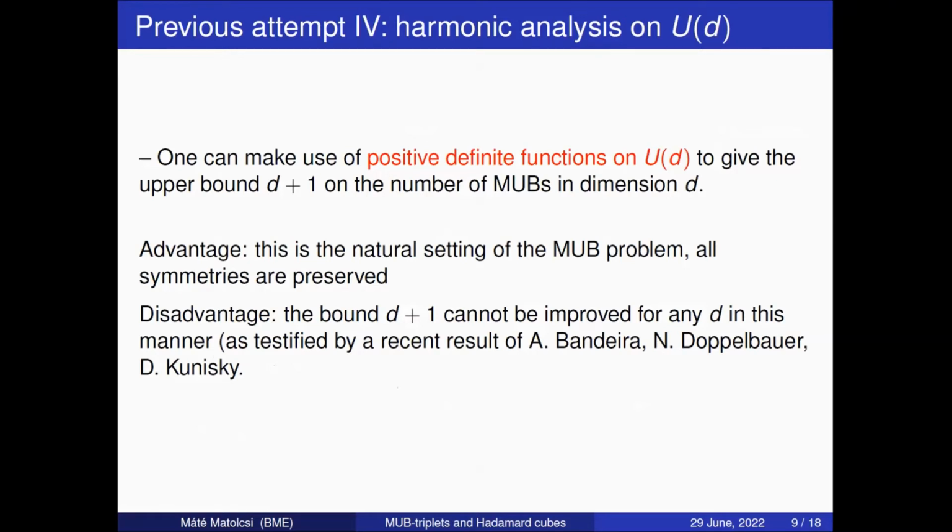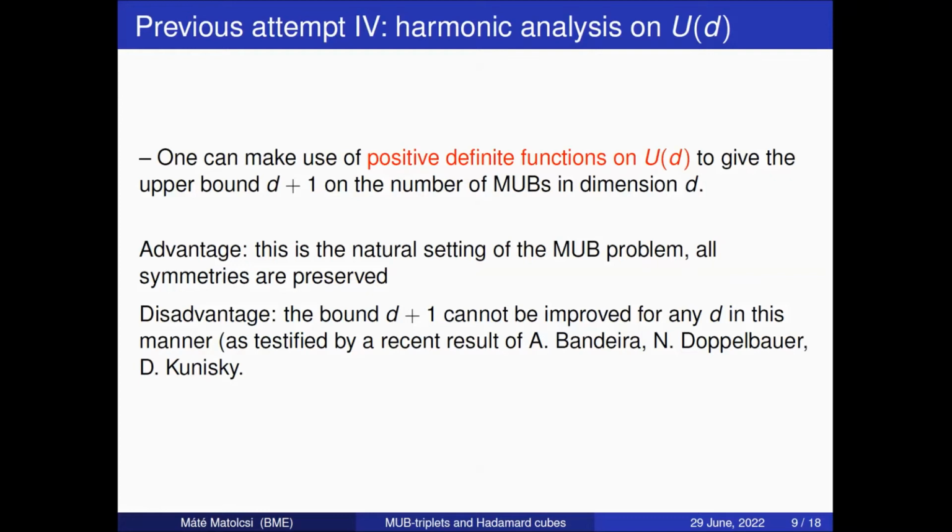And we had a harmonic analysis on the unitary group, basically meaning that some functions turn out to be positive definite on the unitary group, and then you can somehow perform Delsarte's method in a non-commutative setting and arrive at the same bound again as always, that you cannot have more than d+1 MUBs in any dimension d. But somehow in the proof we cannot make a difference between dimensions, whether it's dimension 6, 7, 11, 12. Everything seems the same, and indeed it turns out a very recent result.